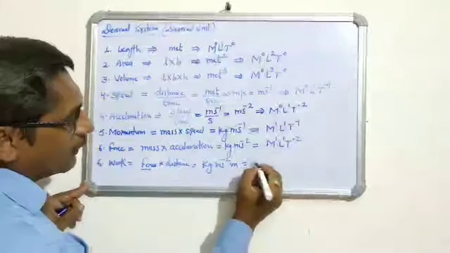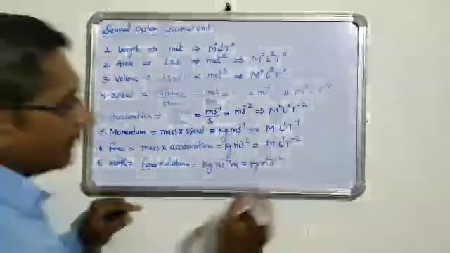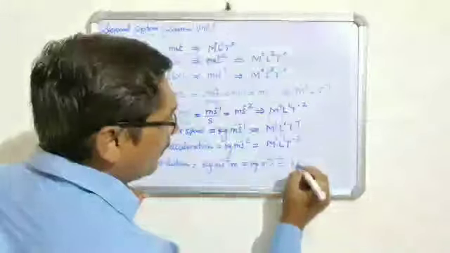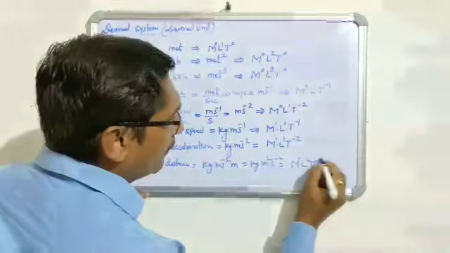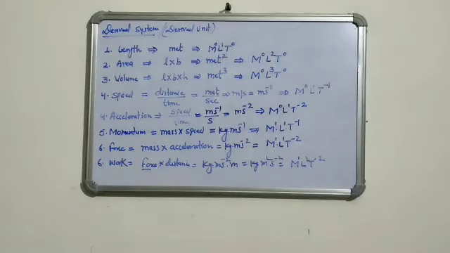So the unit is kg meter square per second square. Now it is equal to the dimensional formula M1 L2 T-2. And according to this method, we can find the dimensional formula of any physical quantity.